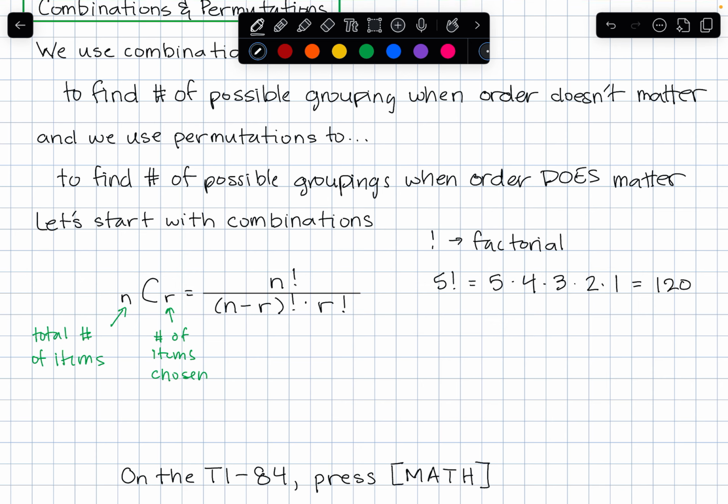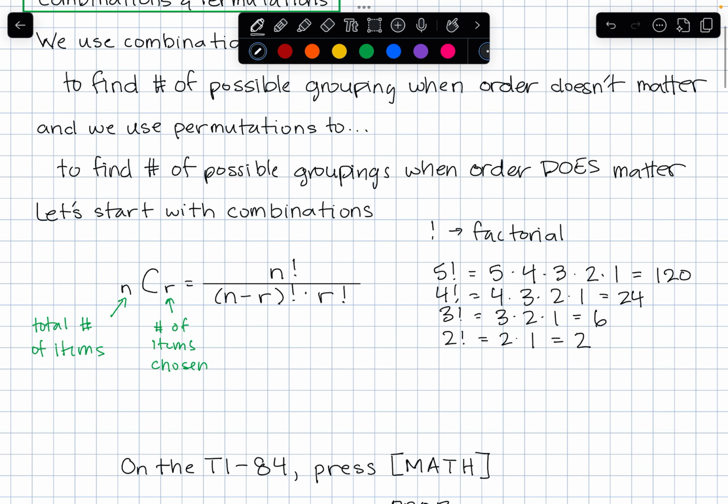So 5 factorial is 120. 4 factorial would be 4 times 3 times 2 times 1, which would be 12 times 2, which is 24, right? 3 factorial would be 3 times 2 times 1, which is just 6. 2 factorial is just 2 times 1, which is 2.